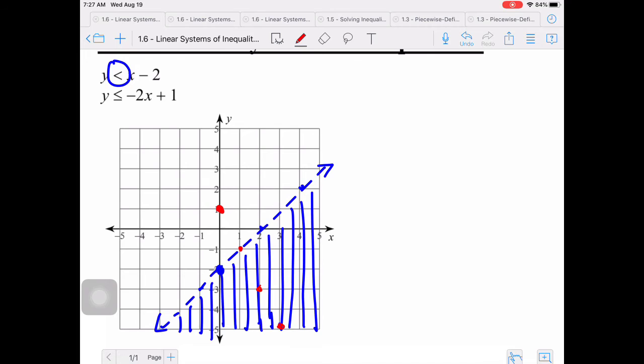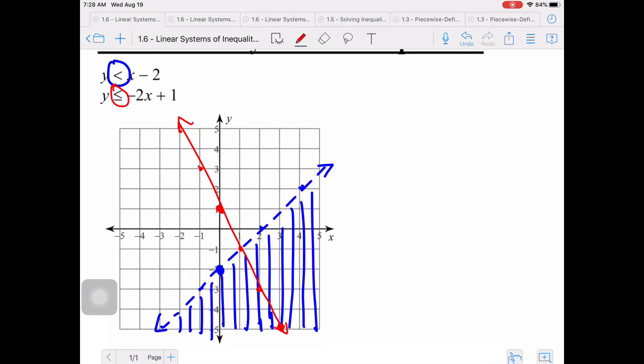Now, because I do have an equal sign, I'm actually going to have a solid line. I'm just going to make a few more points. Cool. So again, I'm going to have a solid line because it says equal.